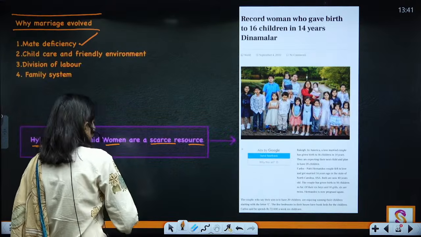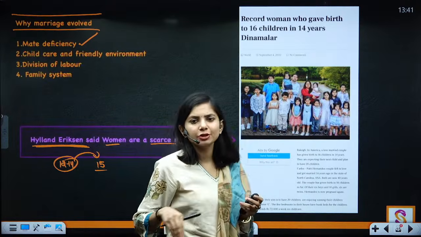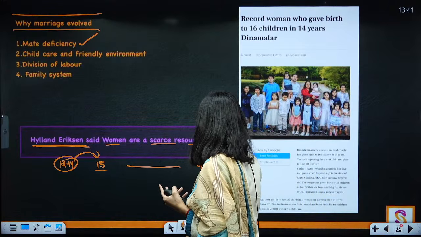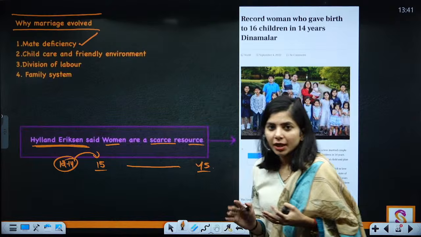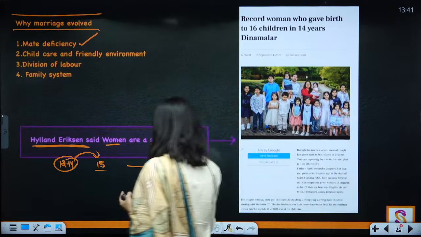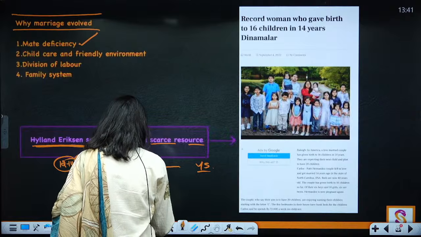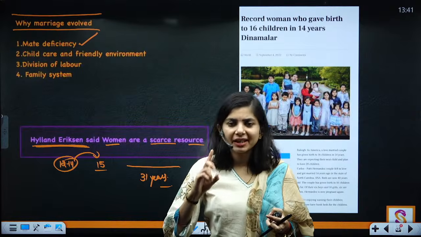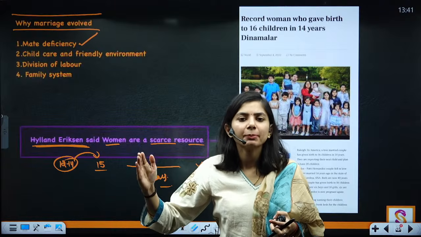So she would be fertile at approximately the age of 15, and they have their menopause at the age of 45. It means on an average 31 years. So a female has 31 years of reproductive age.